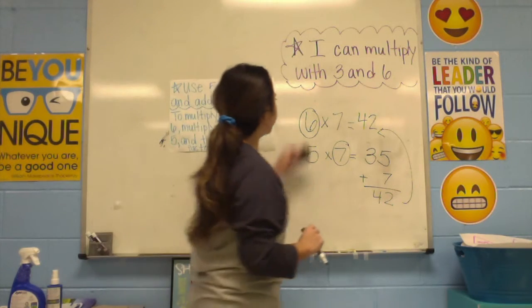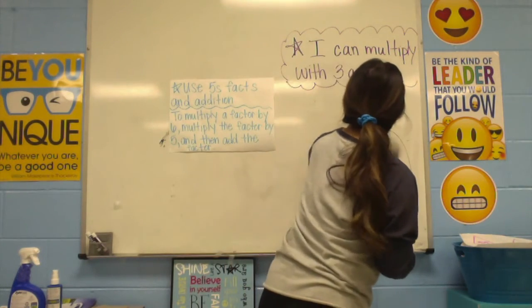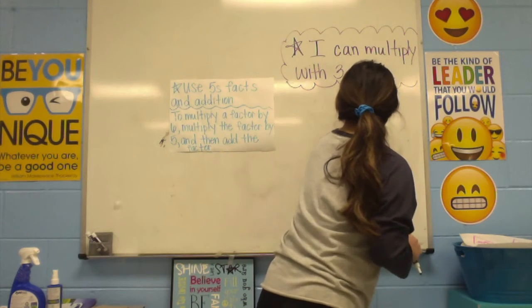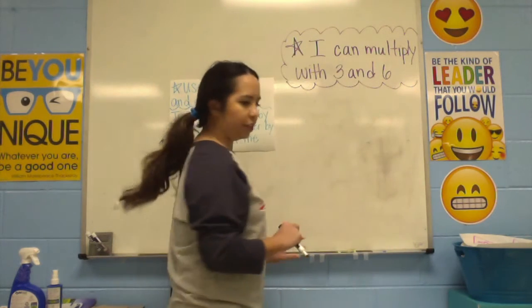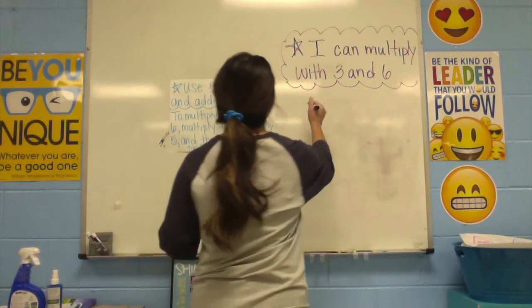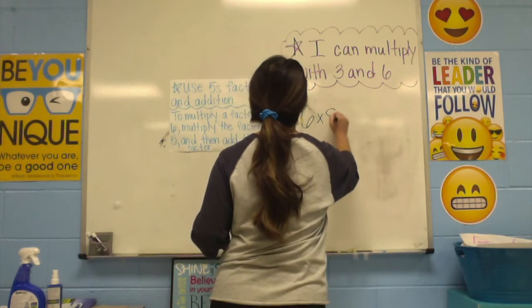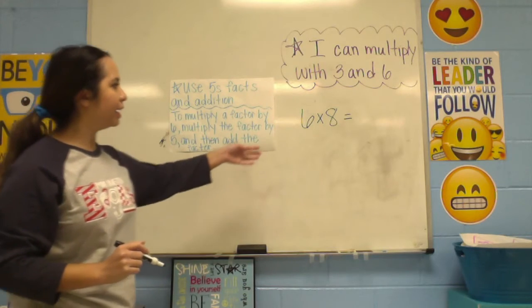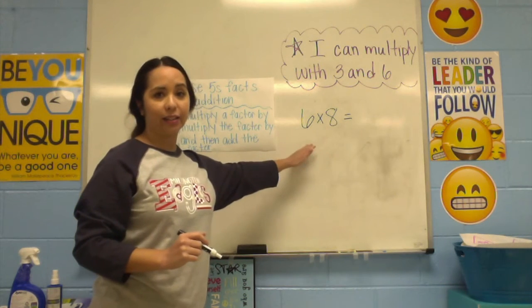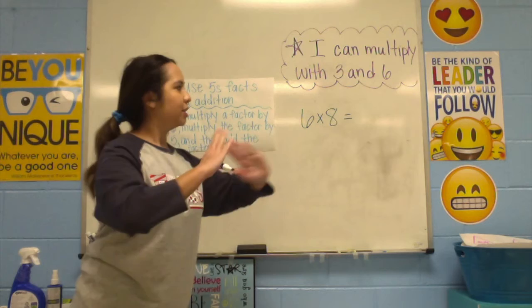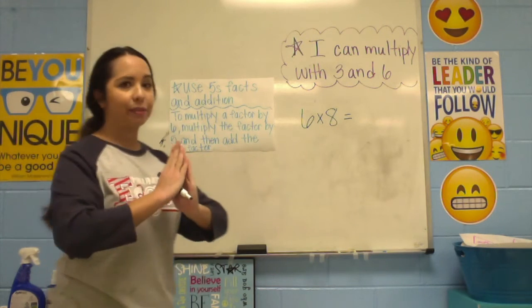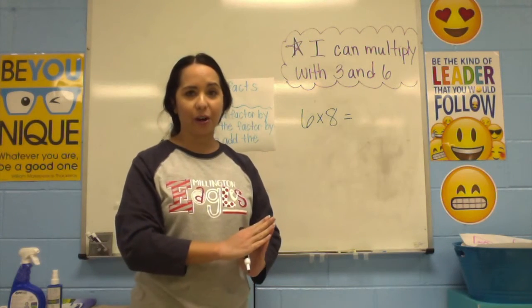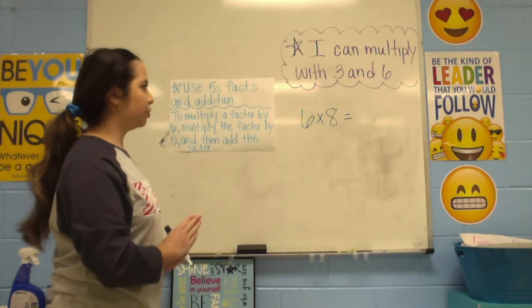Let me work a couple more of those problems. Let's do 6 times 8. You can only use your 5's facts when you are multiplying a number by 6. So instead of multiplying 6 times 8, you can use your 5's facts.